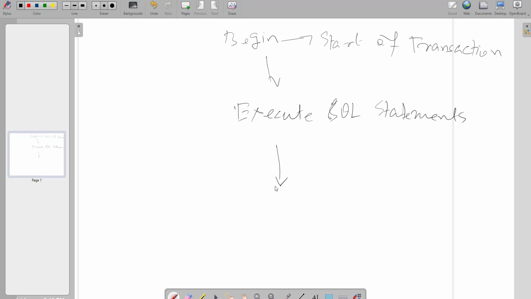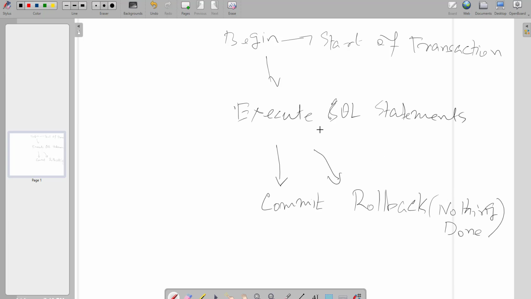So if all succeeded, then we use the COMMIT. If there is some problem, the database uses the ROLLBACK command. So nothing is done. It is just the same as if we have not executed all these statements, right?